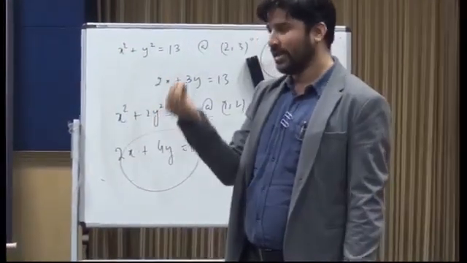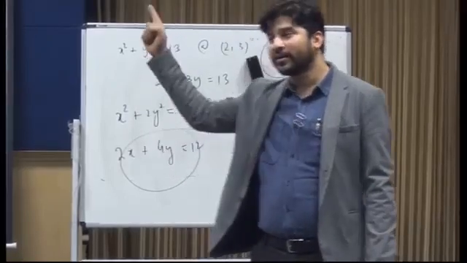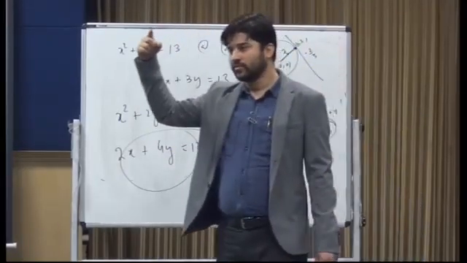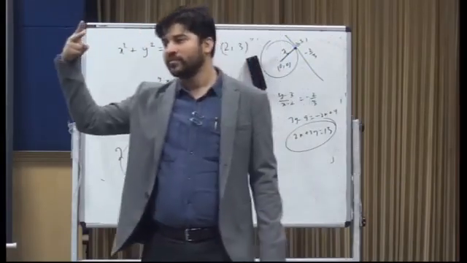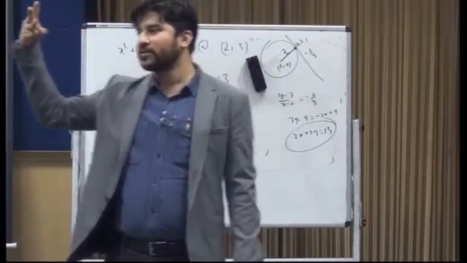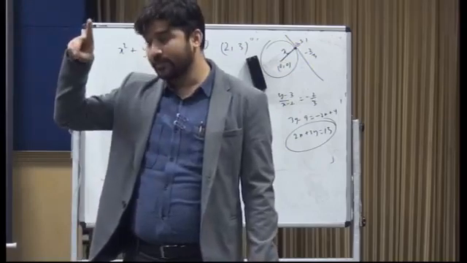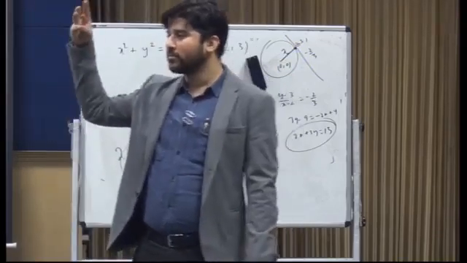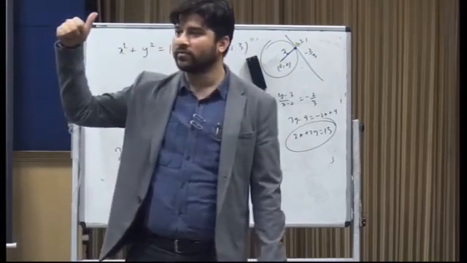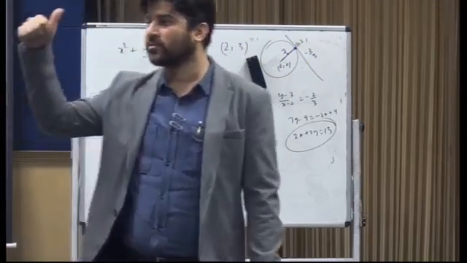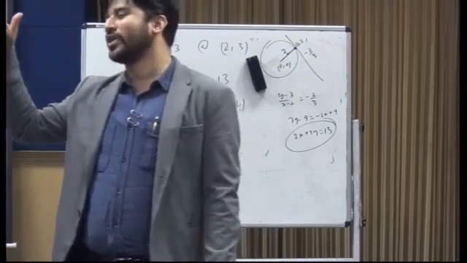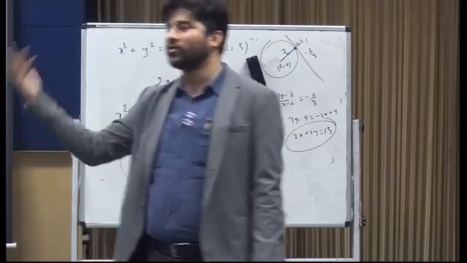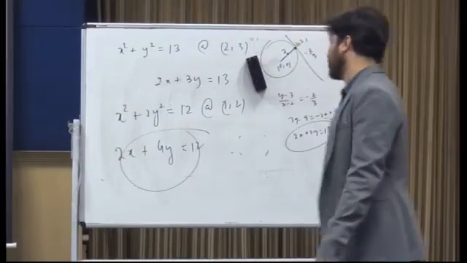X square is to be replaced by, bolo, x square to be replaced by, y square to be replaced by, x to be replaced by, remember 2, right? And y, and xy by 2, right? मतलब एक बार x को रखना है y1, फिर एक बार x1 को, and all the constants will remain the same. Good, excellent.